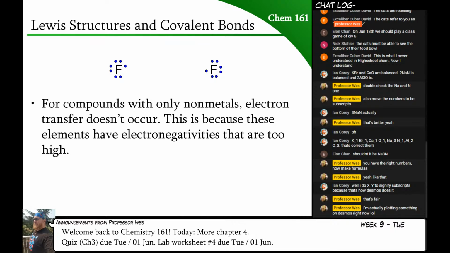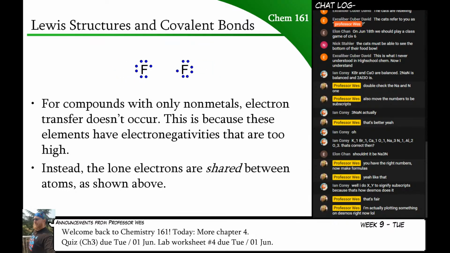For instance, with these two elements, if I take two fluorine atoms and shove them together like this, I can use this strategy to say, oh, well, everything now has an octet. And we can explain covalent bonding effectively this way.